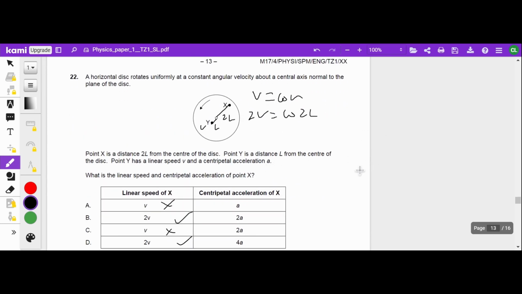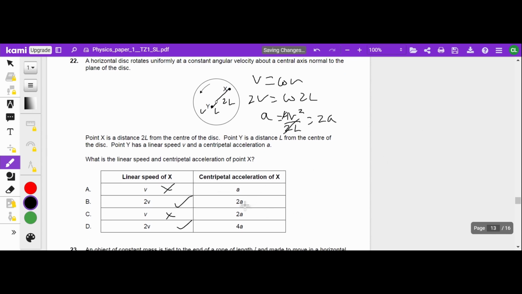For the centripetal acceleration, a equals v squared over 2l. So if the velocity is 2, then v squared will be 4. So these cancel out to just 2a. So it's this one.